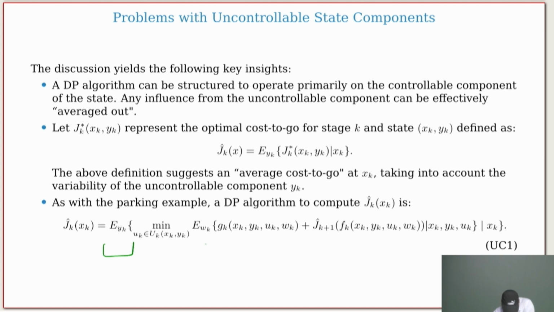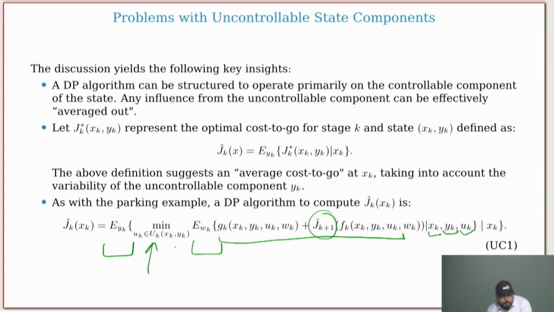Then we have the cost inside, which is gk plus J hat, with the current state xk, observation yk, and the control uk. Then we look for the cost at k plus 1 onwards, and there is an expectation with respect to the disturbance w, and overall we minimize over the control uk.